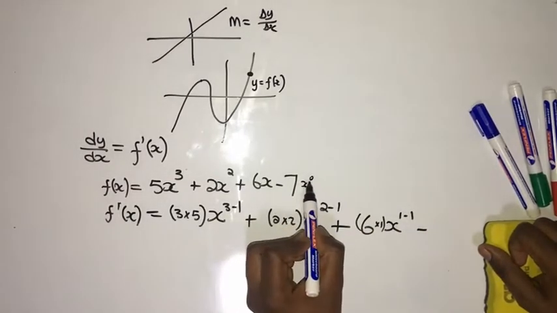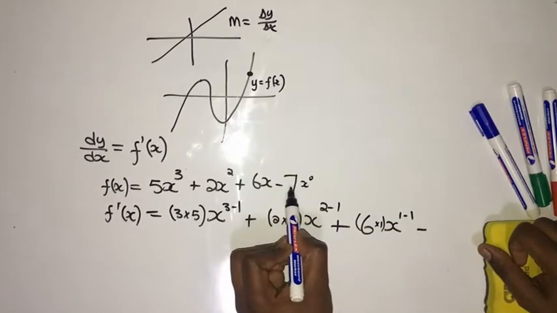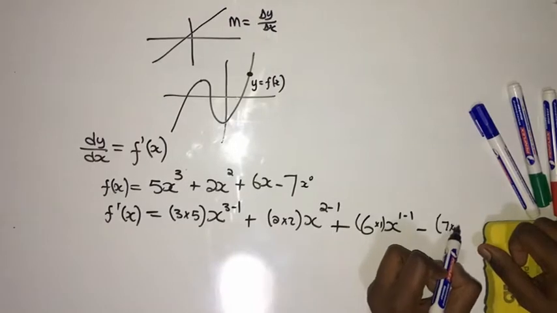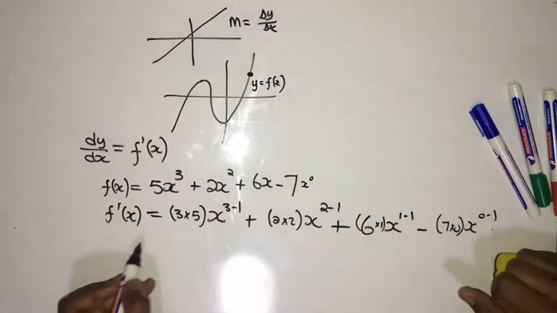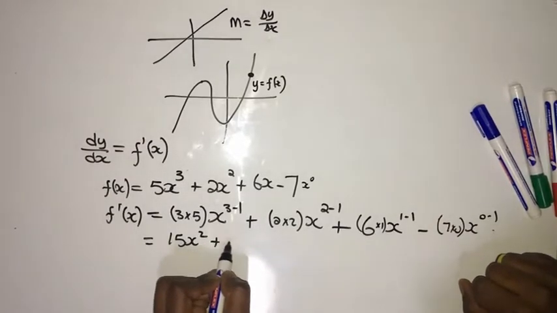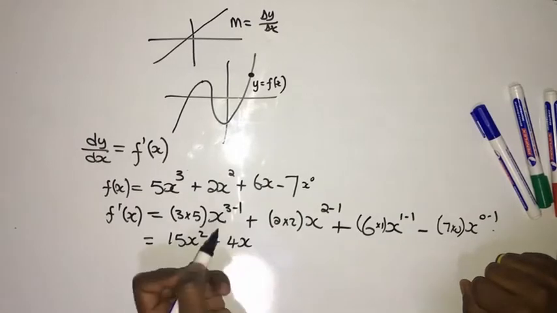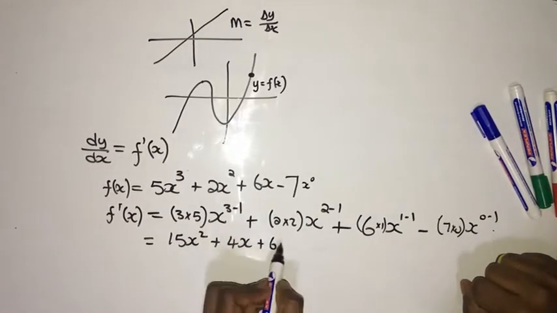So now when you take that 0 by 7, it's going to give you what? 0, right? So we're going to have 7 times 0, and then we're going to be left with x to the power of 0 minus 1. Now we can see that this is simply 15x squared plus 4x, and then plus 6, and then minus 0.